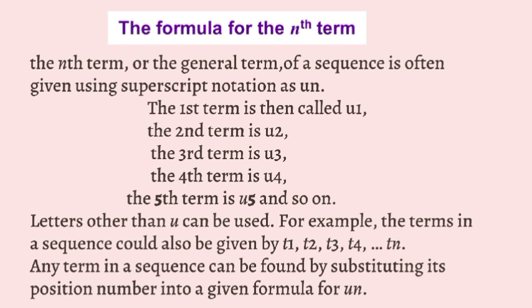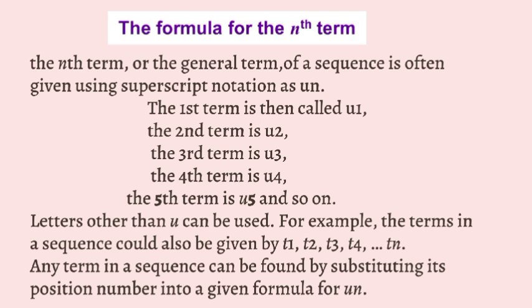The first term is then called U1. The second term is U2. The third term is U3. The fourth term is U4. The fifth term is U5, and so on.